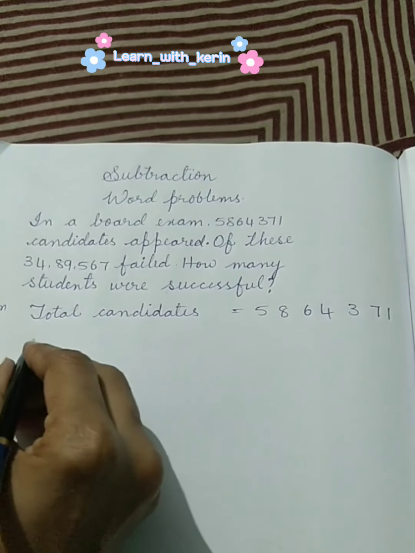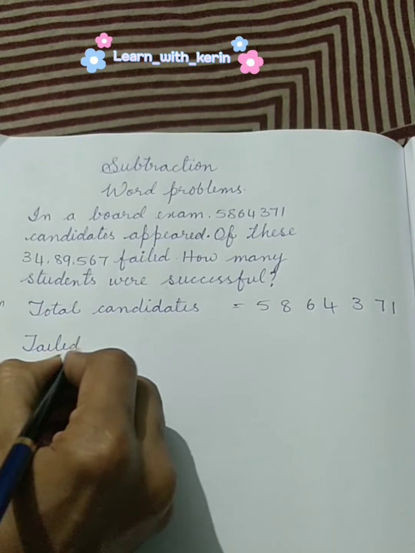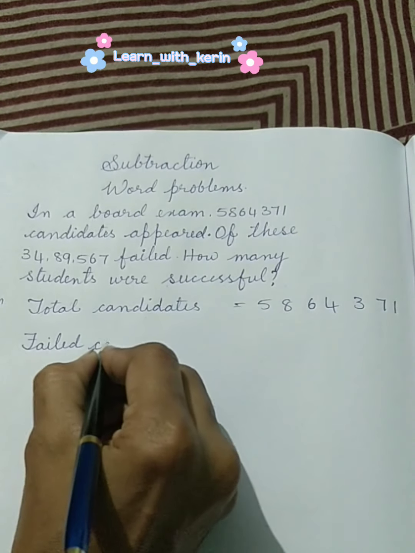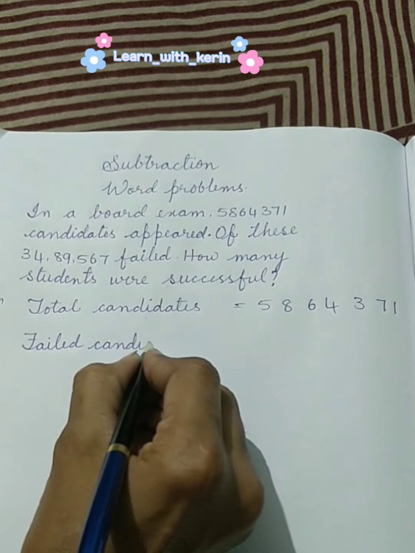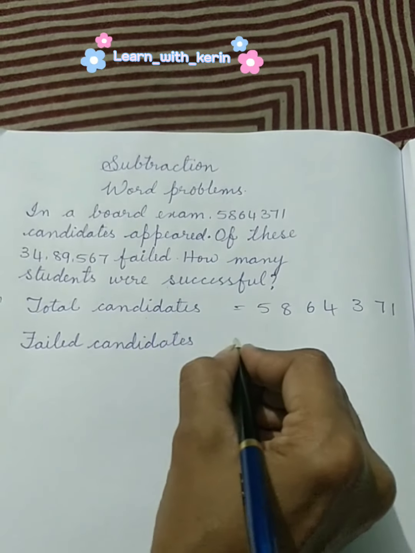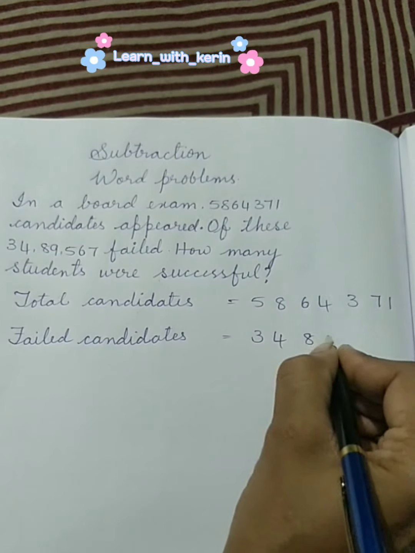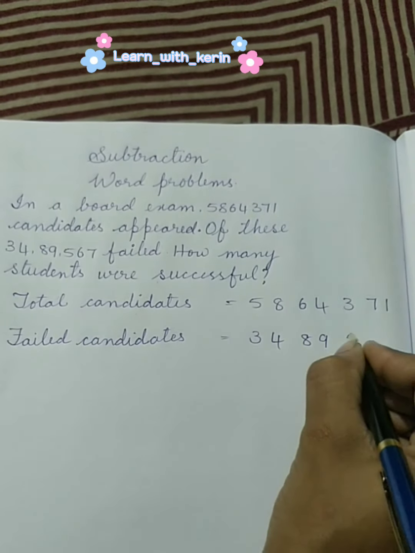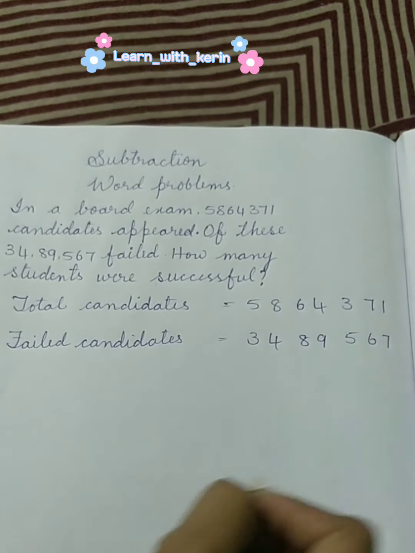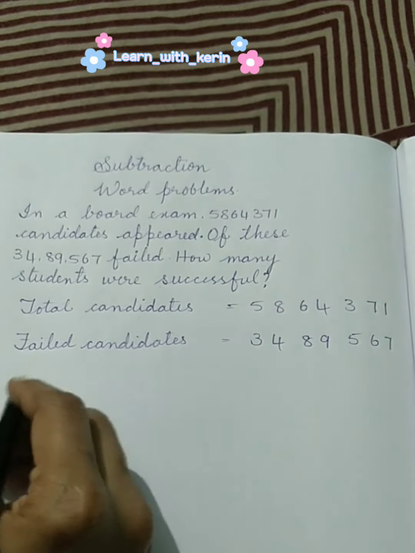The next statement would be failed candidates is equal to 34,89,567. What we need to find here is how many were successful.